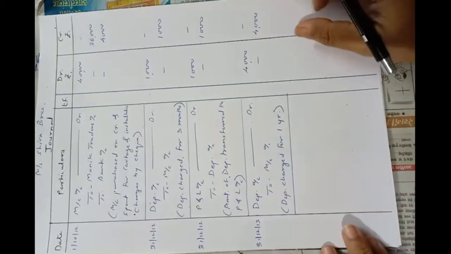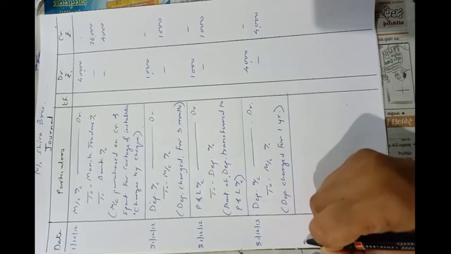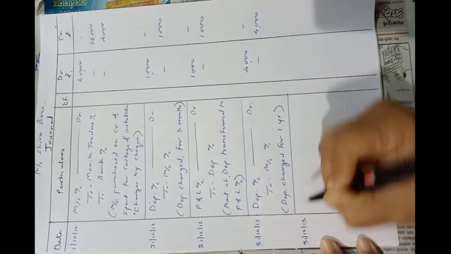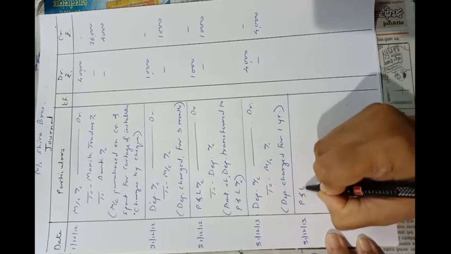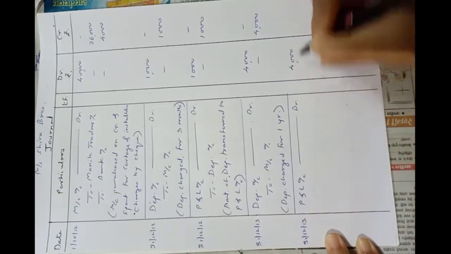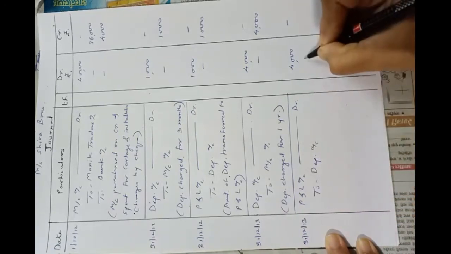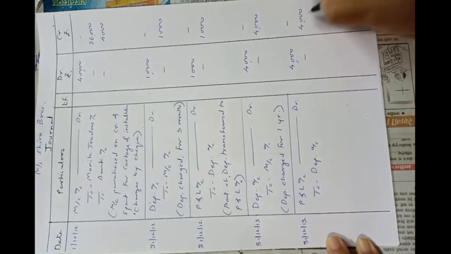then again the repeat entry of transferring this depreciation to profit and loss account. So on 31st December 2013, profit and loss account debit 4000 to depreciation account 4000.